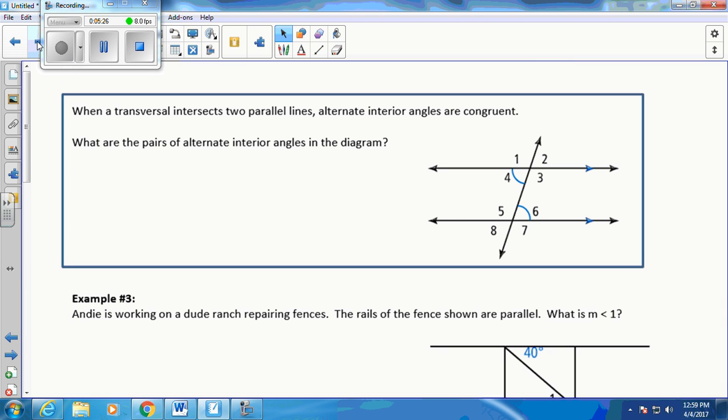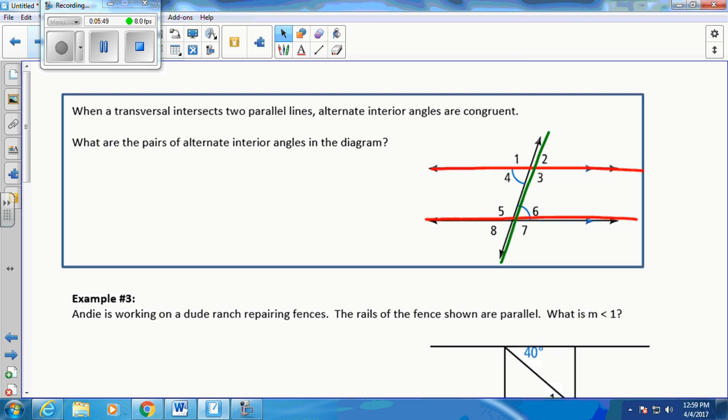Okay. Next it says, when a transversal intersects two parallel lines, alternate interior angles are now congruent. What are the pairs of alternate interior angles in this diagram? So again, these are your parallel lines. I'm showing you them in red. And this is our transversal, the one that is in green.